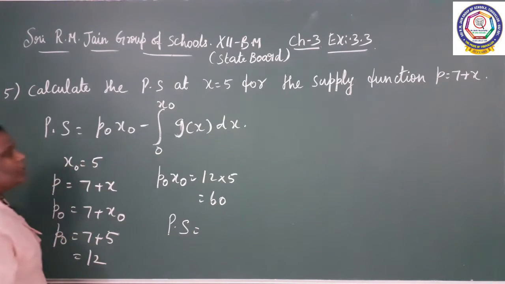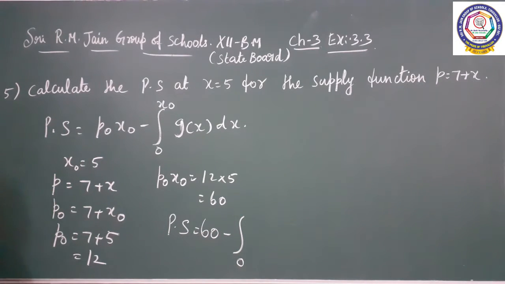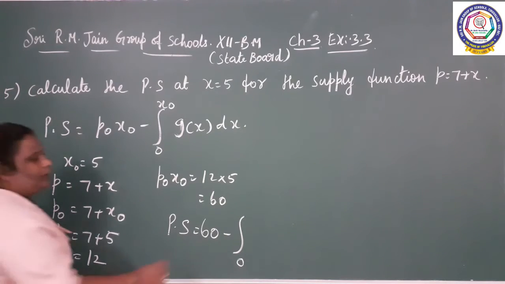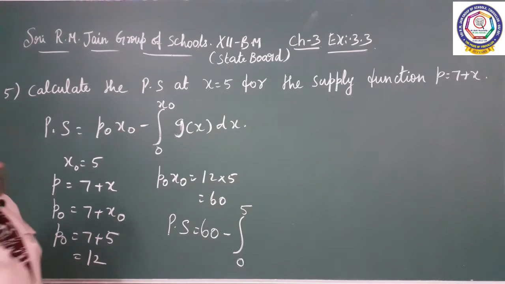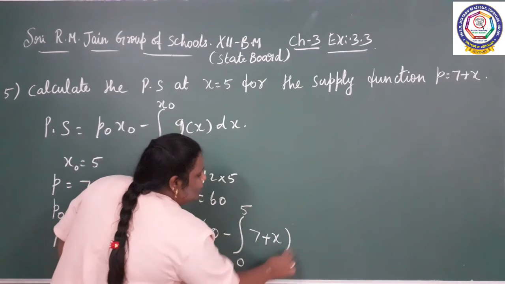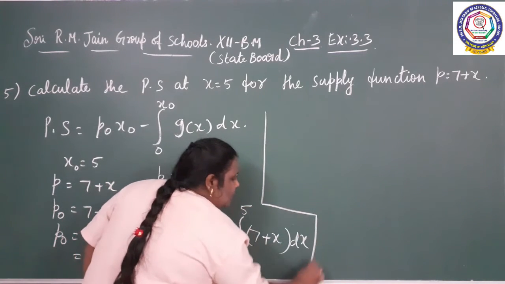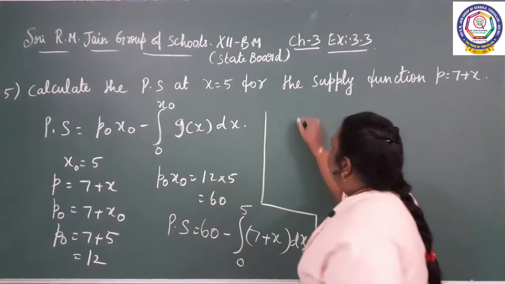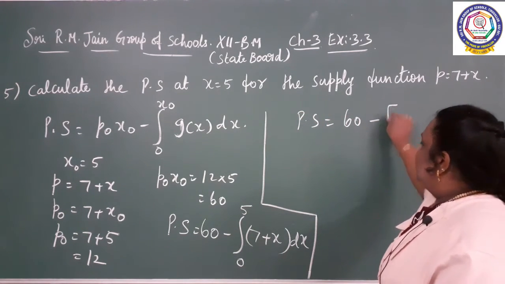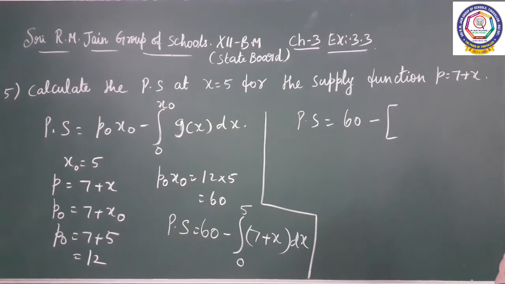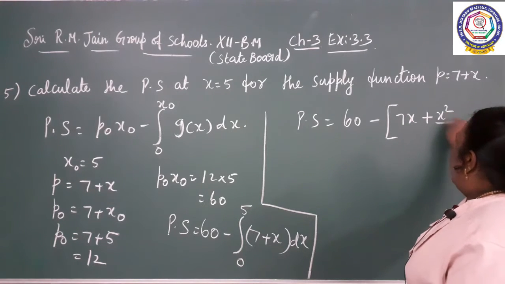Producer surplus equal to P naught x naught, whose value is 60, minus the integral from 0 to x naught, the limit is 5, of g of x, the supply function P, which is 7 plus x, into dx. See here, producer surplus PS equal to 60 minus the integral of 7 dx, which is 7x, plus x square by 2.